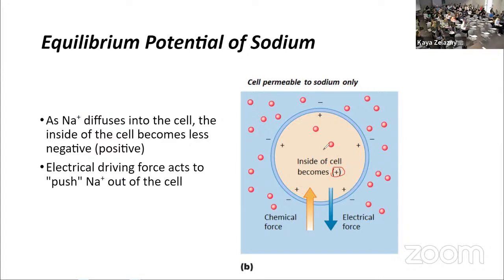The positive sodium ion wants to get away from the positivity of the inside of the cell. So we start to build that electrical force for sodium to leave. Here in this drawing, that electrical force is still smaller than the chemical force. It hasn't gotten that big yet, so we'd still have a force for sodium to move in. It would just be slower.